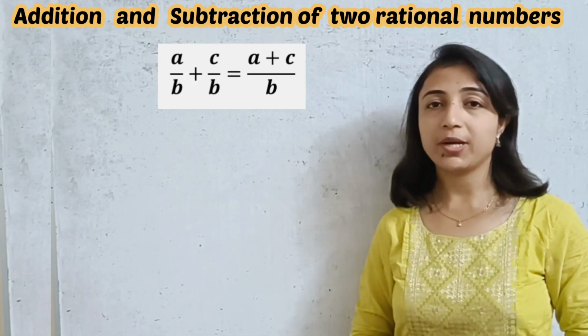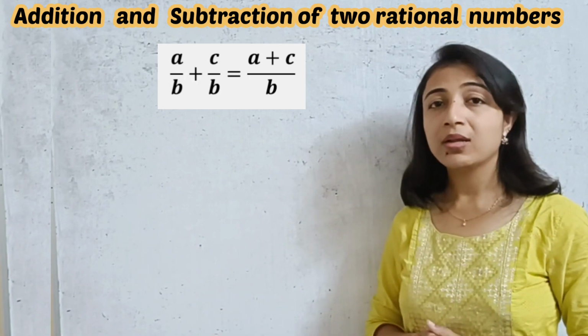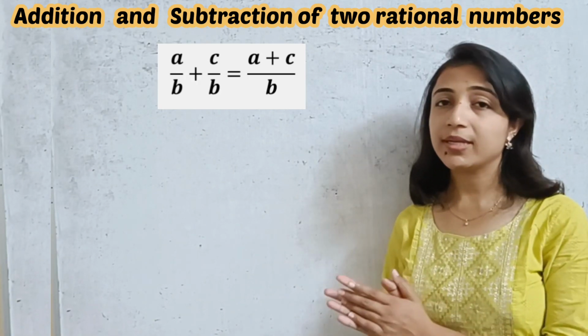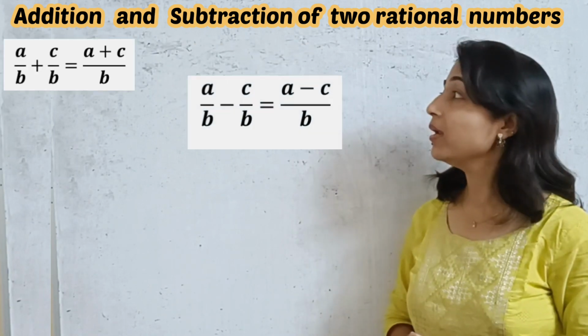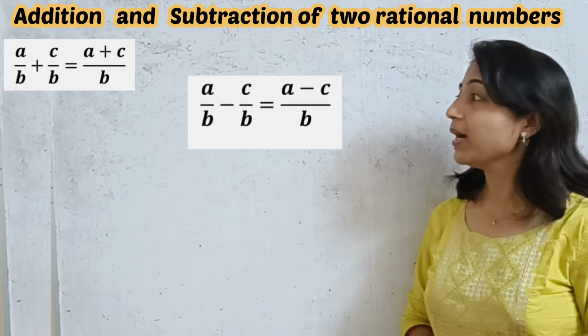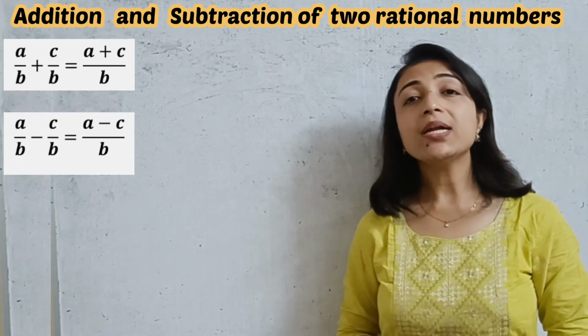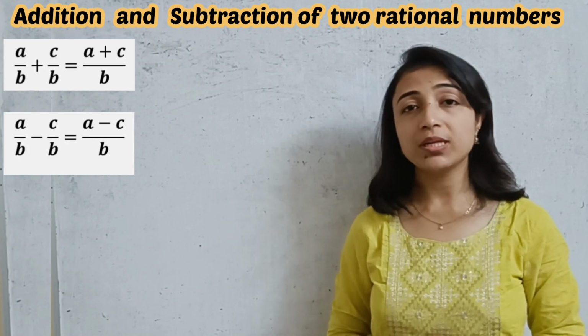It is the same for subtraction. Instead of a plus symbol, if there is a minus between the rational numbers, you take the subtraction. For example, a by b minus c by b equals a minus c by b. Now, if the denominators are not the same, how do we deal with that?